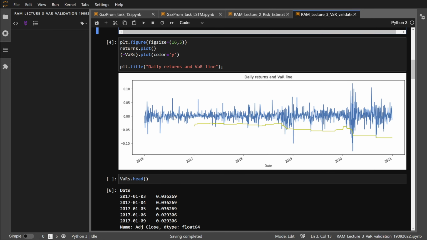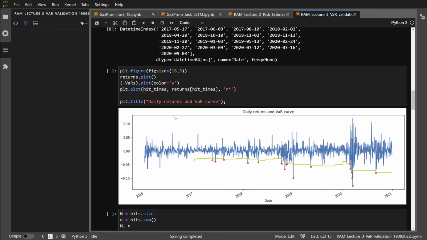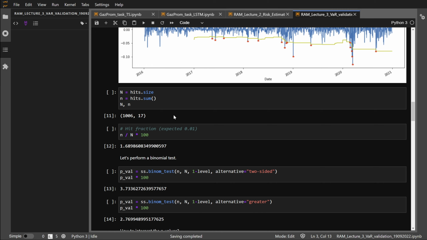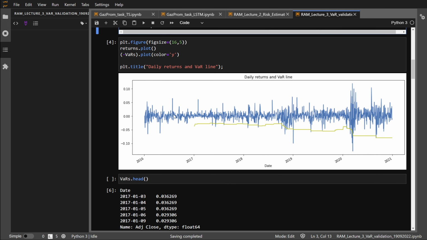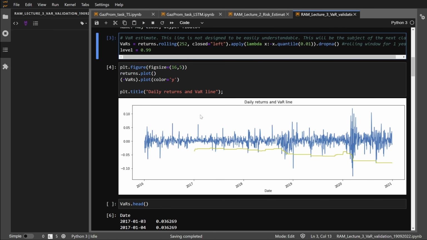For example, constructing my portfolio on, let's say, 9th of January, I could estimate for the next day my potential losses, like 3%.